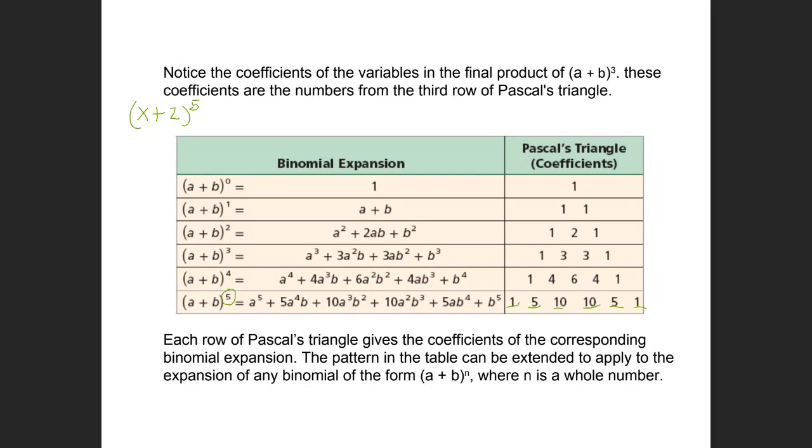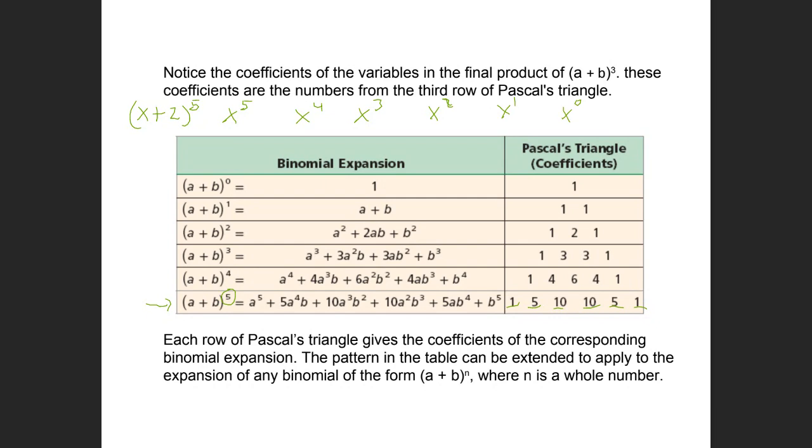What you do is you go down to the 5th degree. This term always starts off as the highest power. So I always start x to the 5th, and then I always go down 1. So x to the 4th, x to the 3rd, x to the 2nd, x to the 1st, x to the 0. But you don't really have to put that in there because that's just 1.